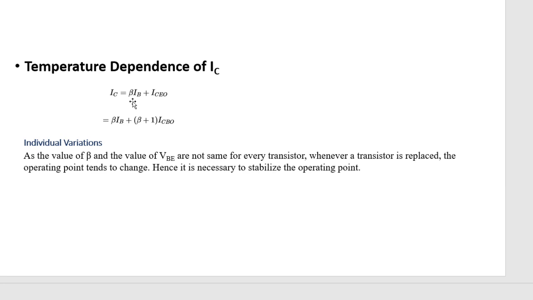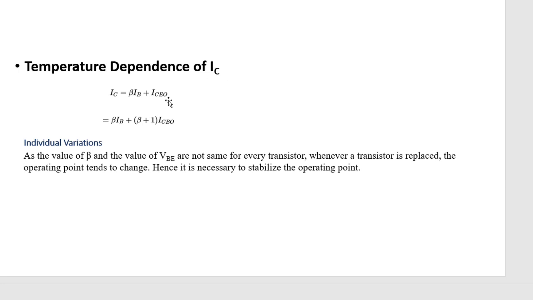The transistor current gain beta also increases with increase in temperature. So ICEO doubles for every 10 degrees centigrade, and beta increases with increase in temperature. So if there are temperature variations in the circuit, the Q point or IC will not remain the same, it gets shifted.